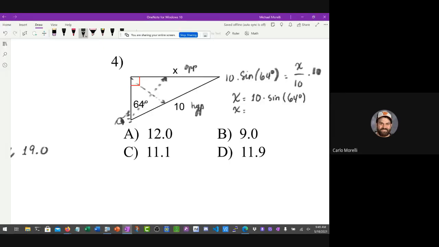So x equals 8.987. I'm looking at that hundredths place. It's greater than or equal to a 5, so I'm going to round up the 9. But that's going to turn into a 0, and it's going to round the 8 up to a 9. So it's going to be 9.0. B.